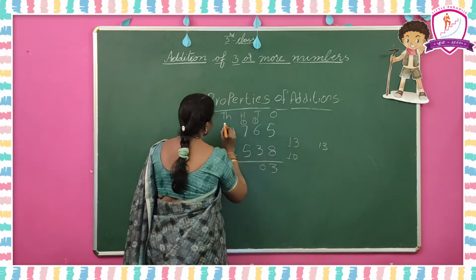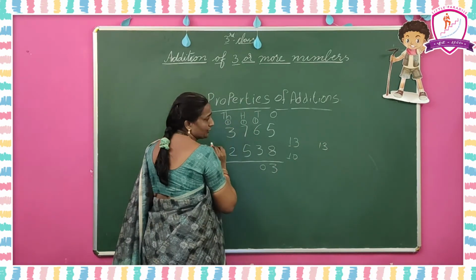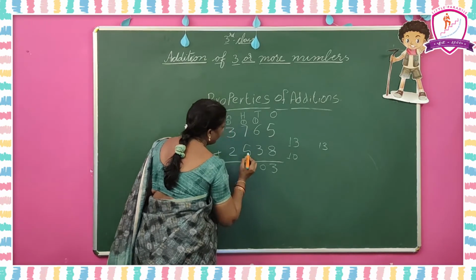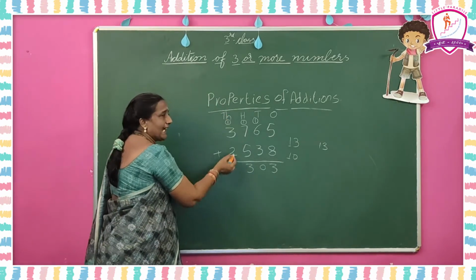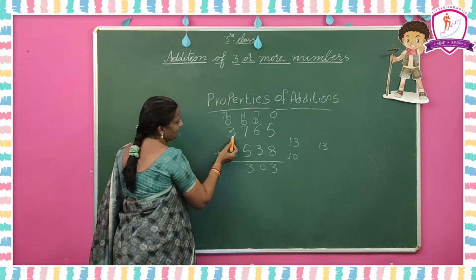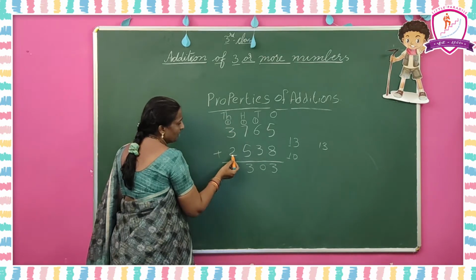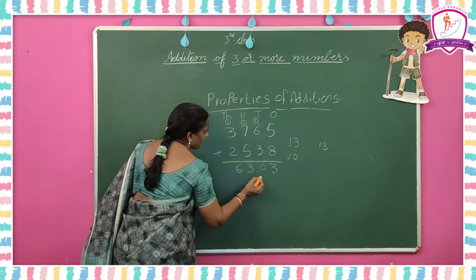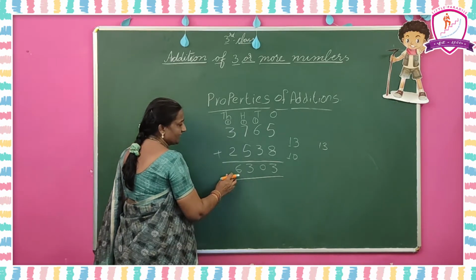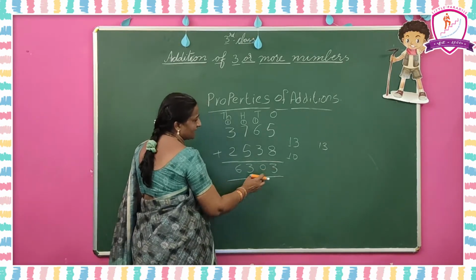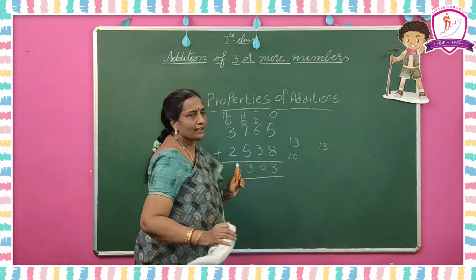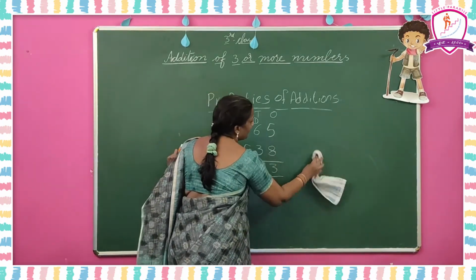That means 1 as carry forward to thousands place and 3 under hundreds column. Now add thousands place. 1 plus 3 is 4. 4 plus 2 is 6. We got the answer 6,303. Now let us see what happens if we change the order of the numbers.